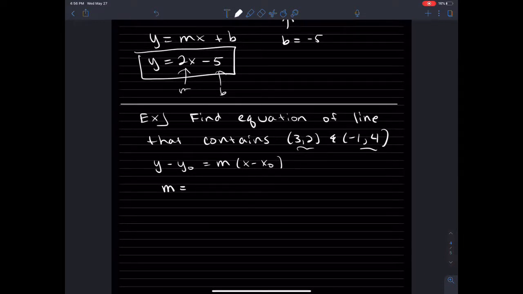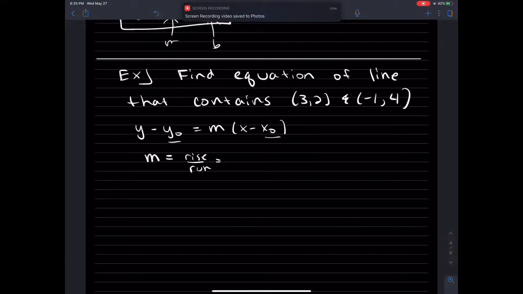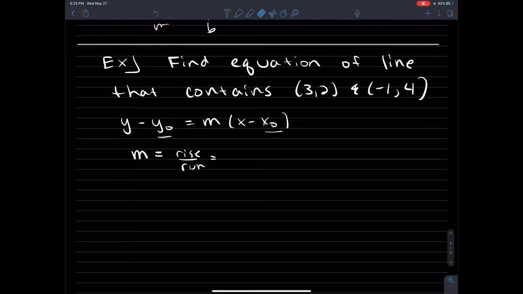The slope is, remember, it's rise over run, which is the y values. So rise over run, it's going to be the y values, or the rise.